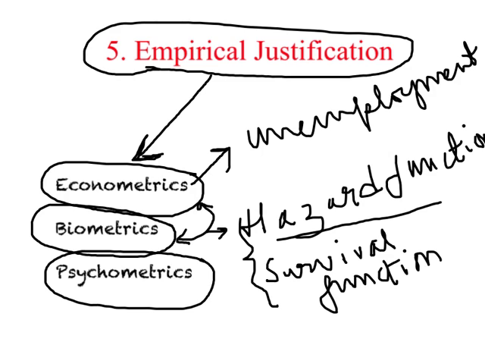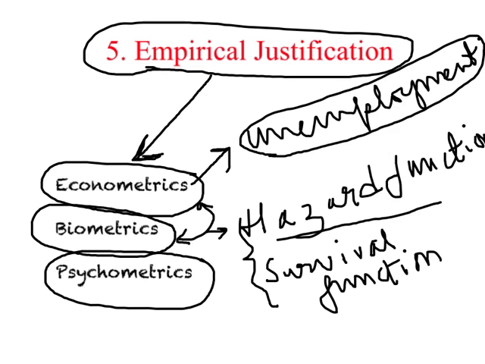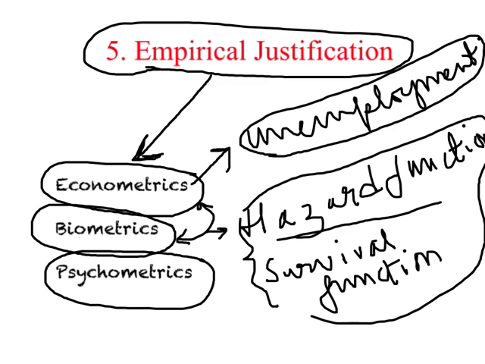And the question they asked is the following. Suppose a person is laid off today. What are his chances of getting a job, say, 6 months from now or 1 year from now? This is called duration analysis. And for the work these people did on unemployment issues, they received a Nobel Prize in economics. But what you should remember is the concepts they use originated in biology.